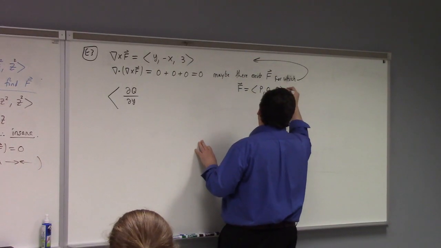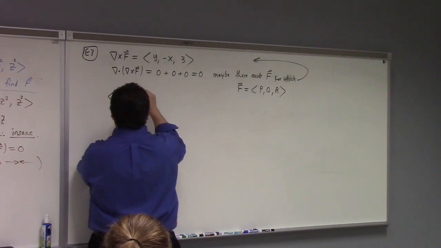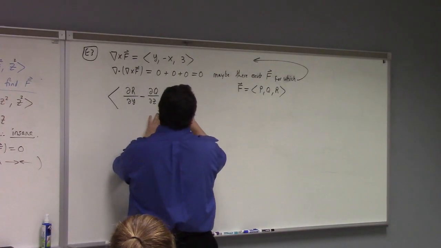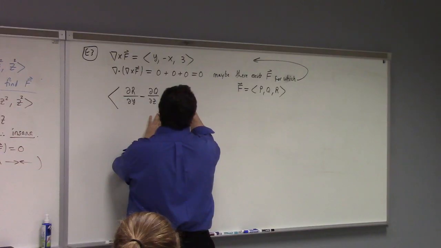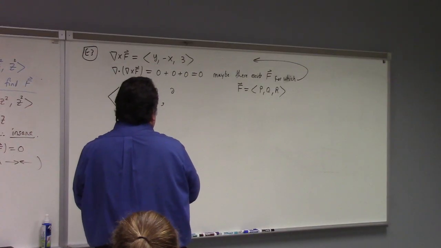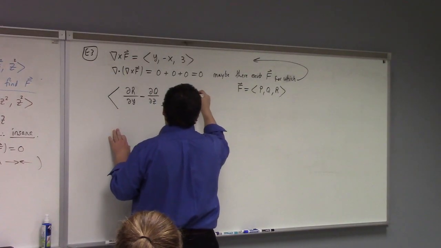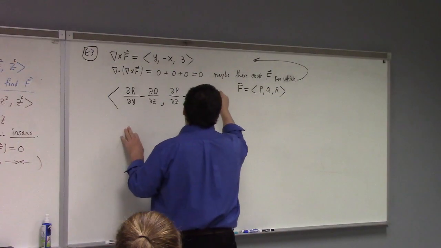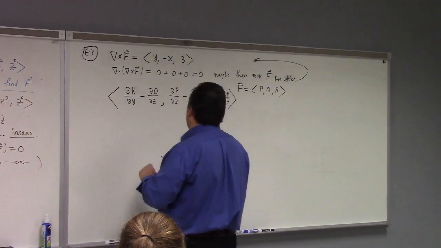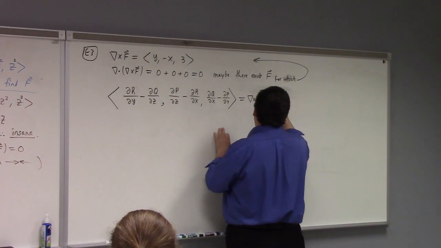P, Q, R. All right, so the curl. I do the Y, that's an R. Partial R, partial Y, minus partial Q, partial Z, comma, partial P, partial Z, minus partial R, partial X, comma, partial Q, partial X, minus partial P, partial Y. So there's the formula for the curl of F, curl of PQR, all right?